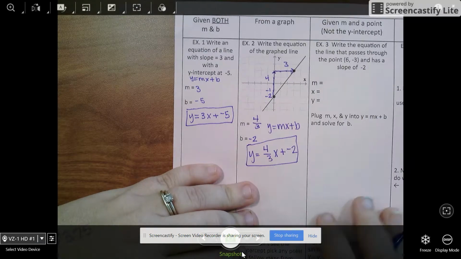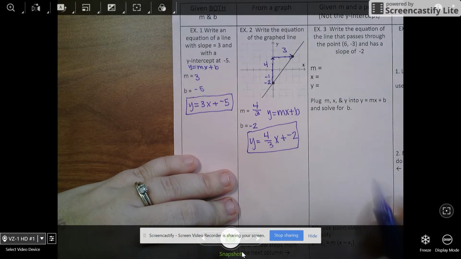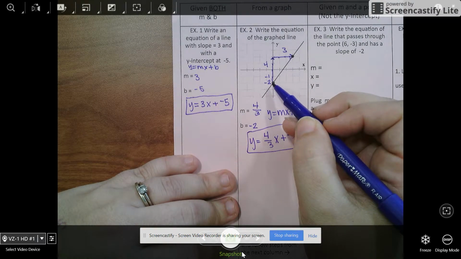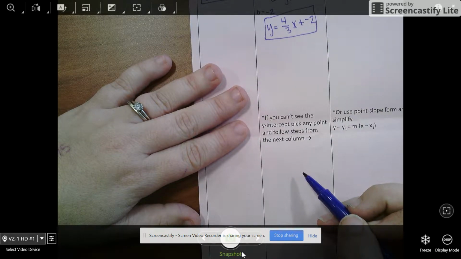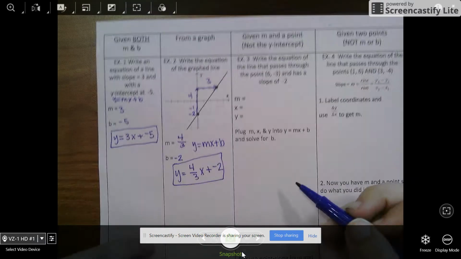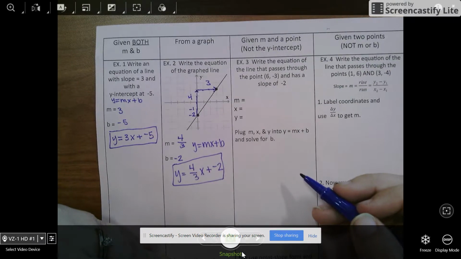Okay. Now, what happens if this wasn't a nice y-intercept, or you couldn't see the y-intercept? If you can't see the y-intercept, pick any point, and we're going to follow the steps in this next column. So let's figure out what we do. Let's write that down right now.